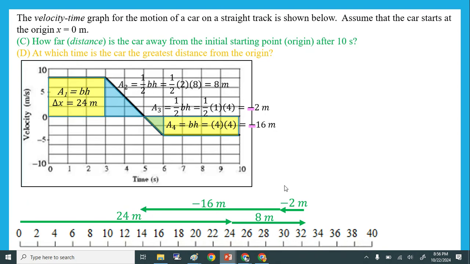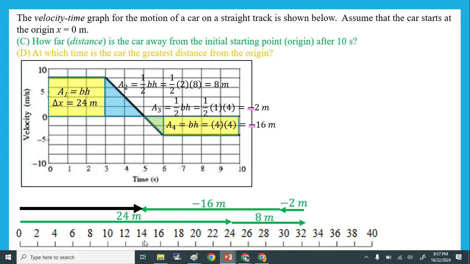Okay, but it asks you how far the car is away from the initial starting position. Well, the way you should interpret it is during the first 3 seconds it traveled 24 meters to the right, and then from 3 to 5 seconds it traveled an additional 8 meters to the right. It came to a stop at 5 seconds, but then from 5 to 6 seconds it went leftward 2, and then from 6 to 10 seconds it went leftward an additional 16, which pretty much stops at 14.